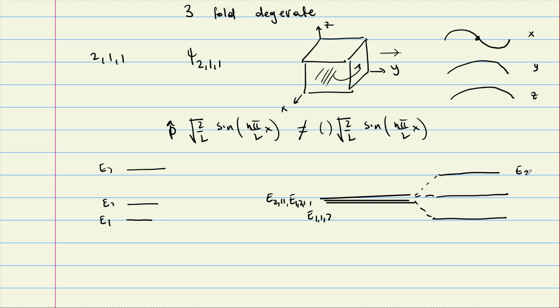Maybe this is E211, maybe this is E121, maybe this is E112. And they'll be splitting. We are going to say there may be a gap between these states. Right now we don't have that, but I am trying to familiarize you with the jargon from this simple example.